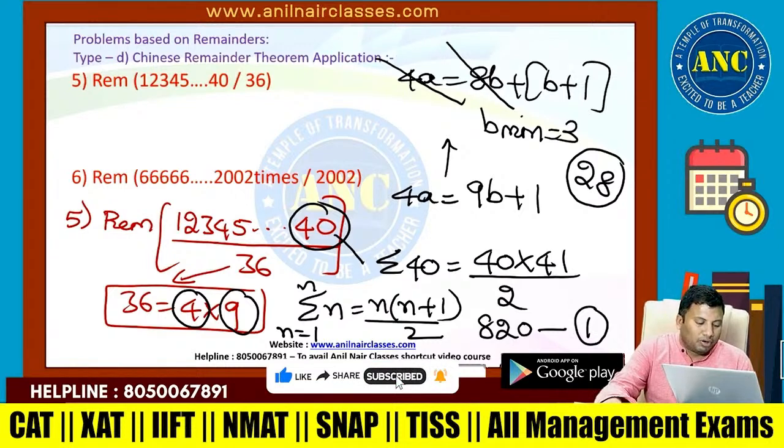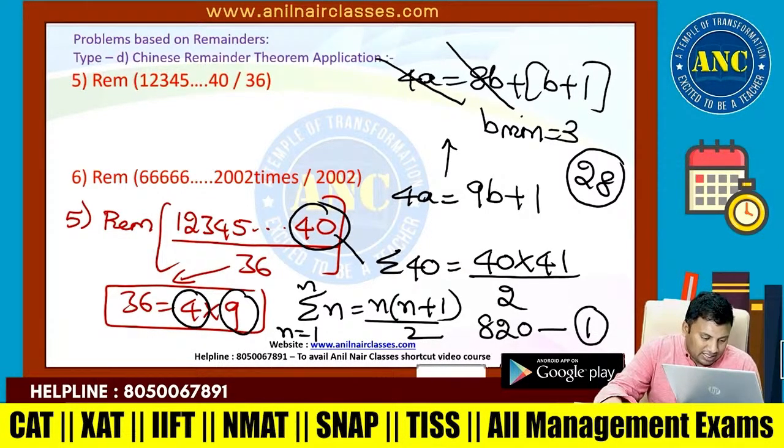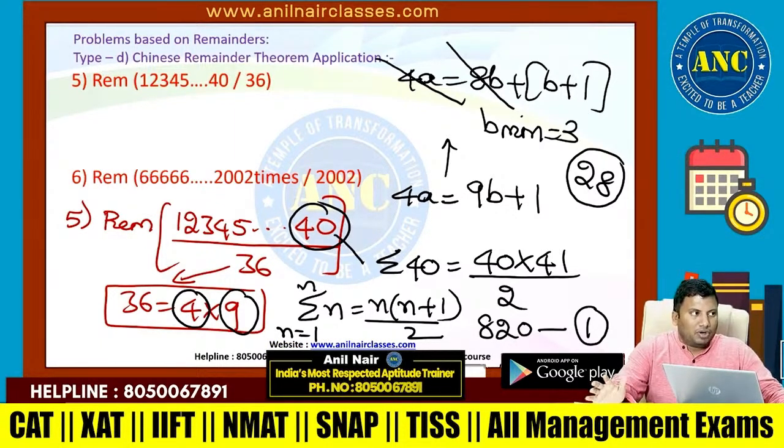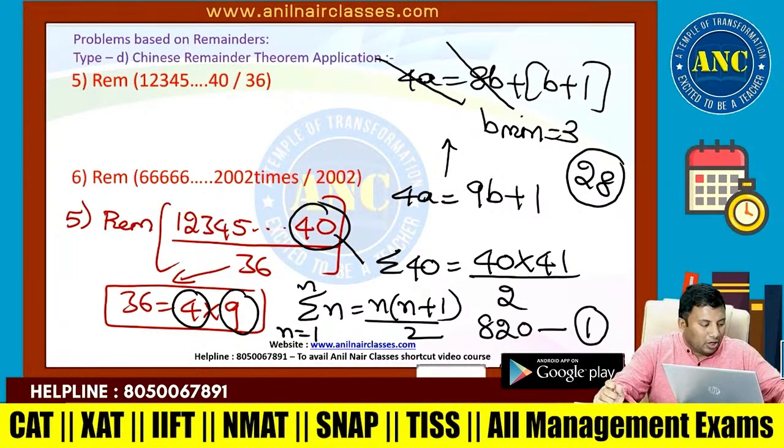1, 2, 3, 4, 5 and so on up to 40 divided by 36. Praveen, your phone is charging. Summation 40. I hope it is clear.